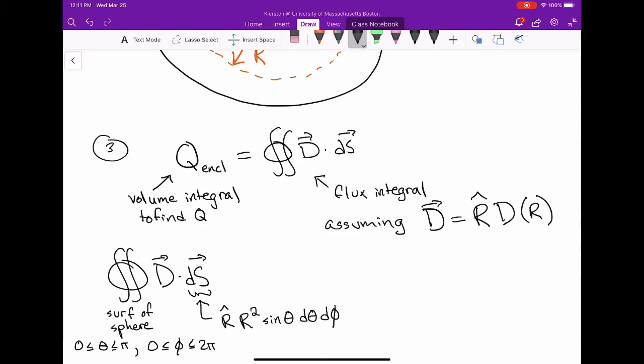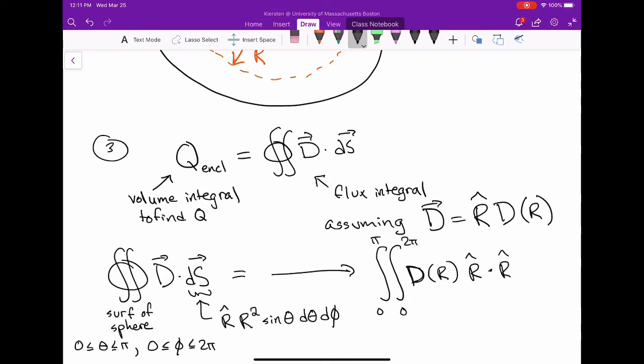So substituting all of these things in, I end up with, move over here so I've got some space, the integral from 0 to pi, 0 to 2 pi of D of r, this is the magnitude of the electric flux density, r hat dot r hat r squared sine theta d theta d phi.